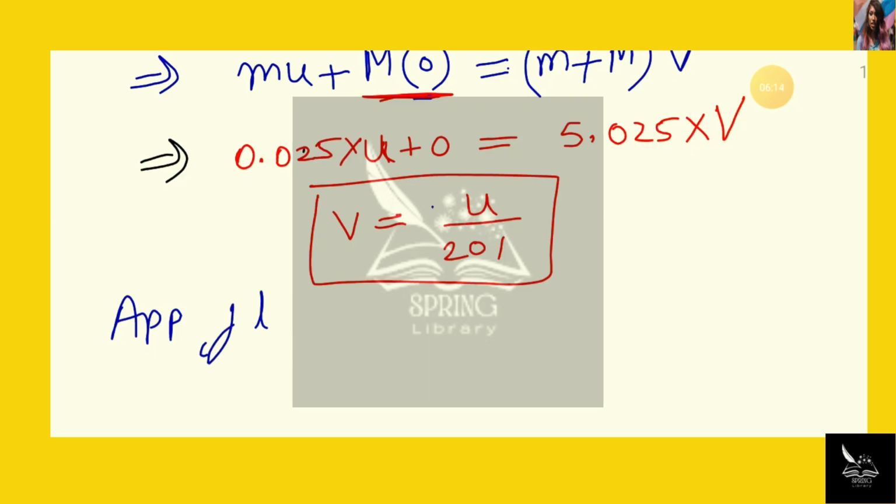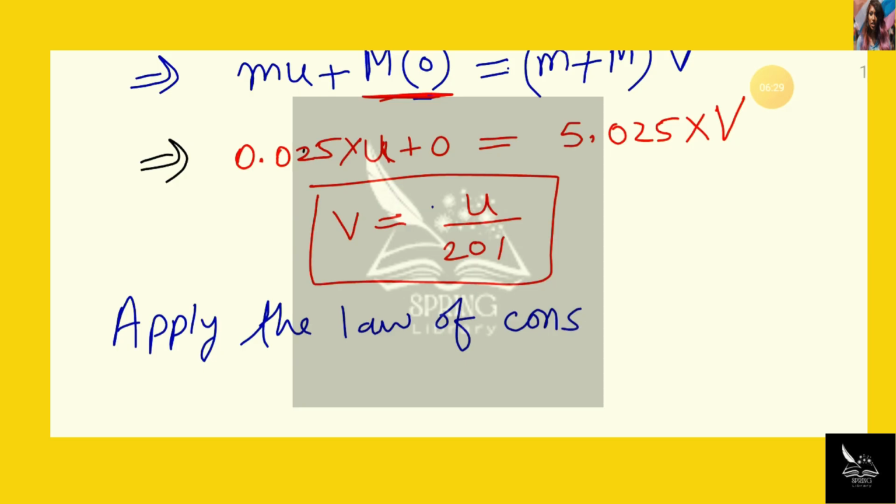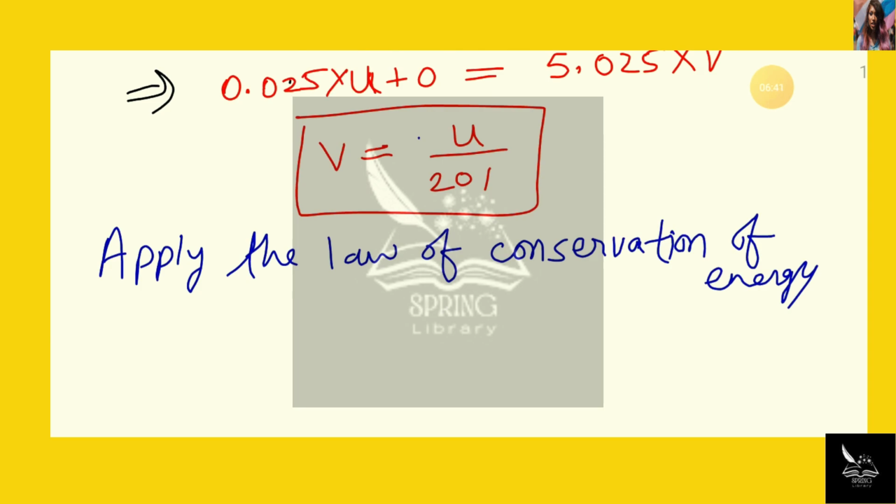According to the law of conservation of energy, the left side will be half multiplied by (capital M plus small m) v square.